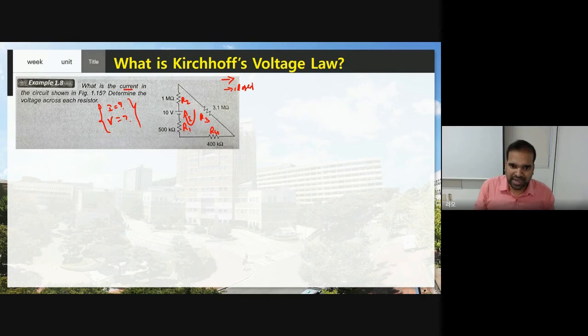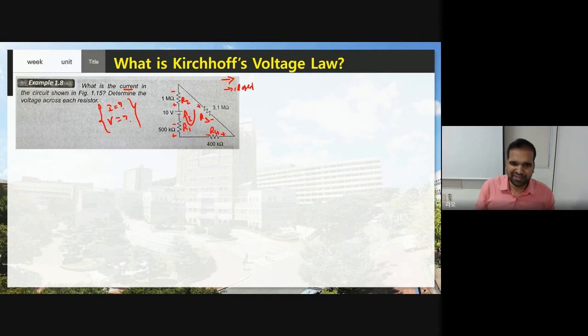So as per this current direction, this is my plus and minus, positive and negative potential. I should not change the higher and lower potential for the sources, either it is a current or a voltage source. Clear. Now see, all elements are connected in series. Can I find R equivalent?